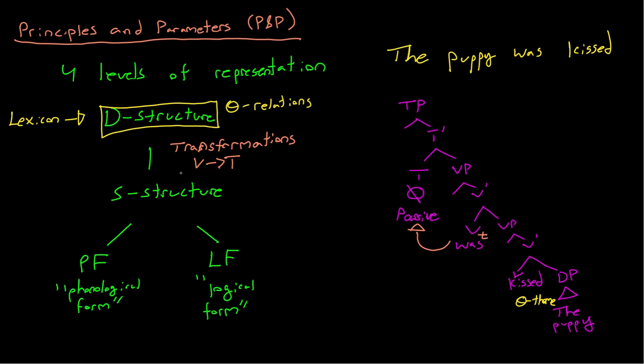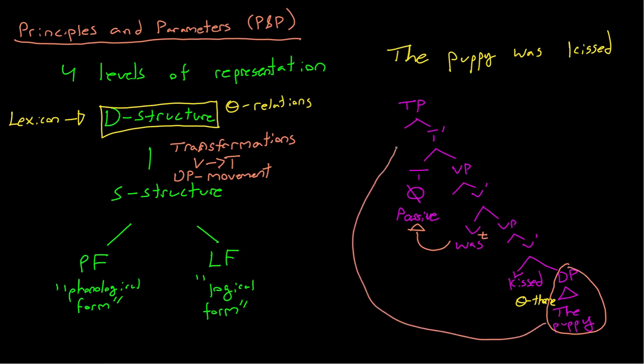And second, we have a case-driven DP movement. Our DP, the puppy, has to move to the specifier of TP in order to be assigned nominative case. This is where nominative case is assigned. I'll just put plus nom there. And again, this leaves a trace.